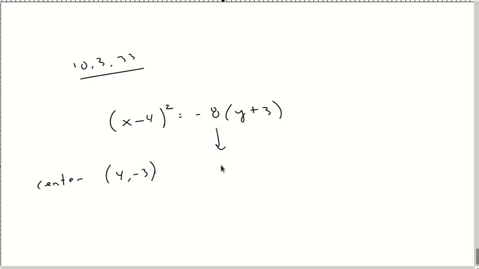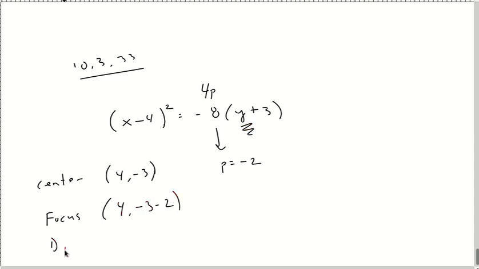You can see that my p here is actually going to be a negative 2 because that's 4p. And we have a negative, so negative 2 in this case. So that means that my focus is going to be 4 minus the 2, but again along the y. So it's not 4, it's going to be a negative 3. So negative 3 minus 2.